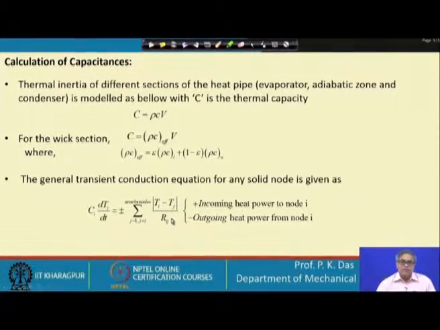So, this equation has a lot of similarity with an electrical network, and we can have a set of equations like this. With this we can proceed, we will have a large number of equations and then we can proceed for our calculation. So, let us go to the next slide.